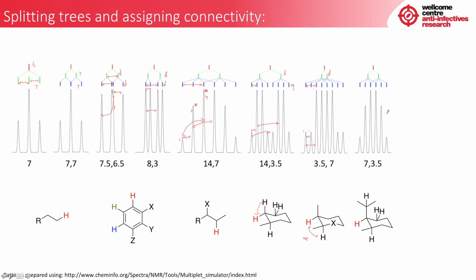And here the larger of the couplings is our doublet, and the axial equatorial and equatorial couplings that end up looking like a quartet are small, and so there is our quartet J value, and here again is our doublet J value.